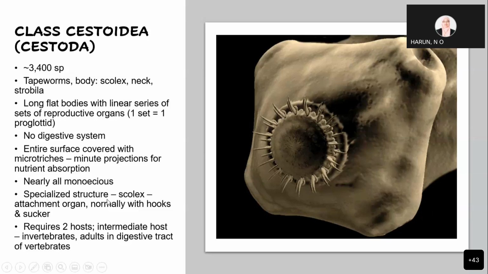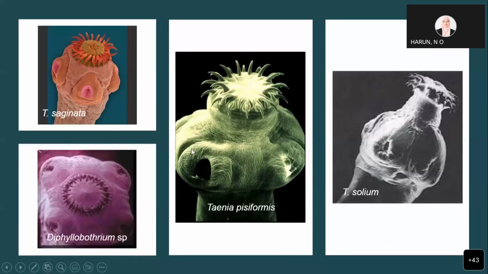Nearly all monoecious, specialized structure scolex, iaitu untuk attach to the organ, normally with hooks dan juga sucker, and requires two hosts, iaitu intermediate host dan juga invertebrates. Especially adults, peringkat adults dalam digestive tract of the vertebrates.